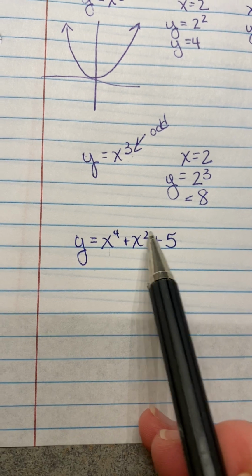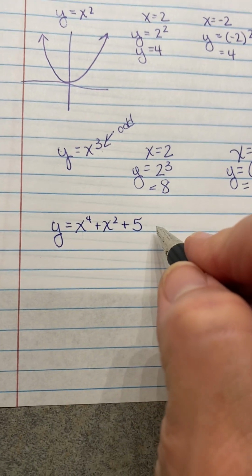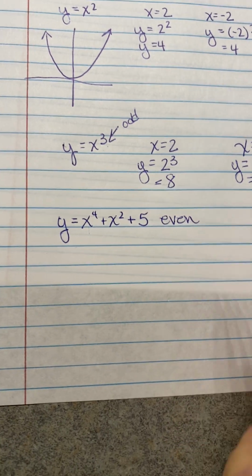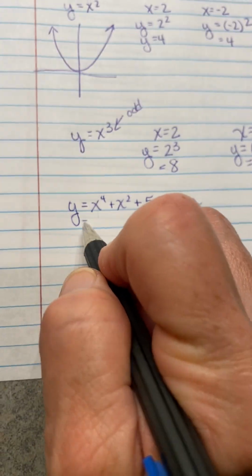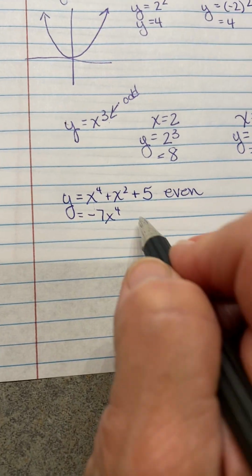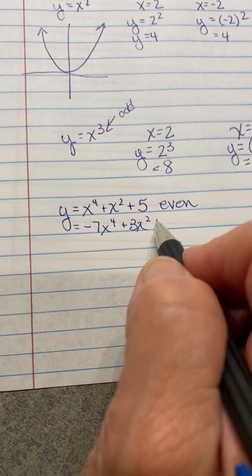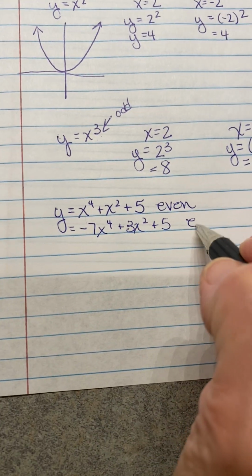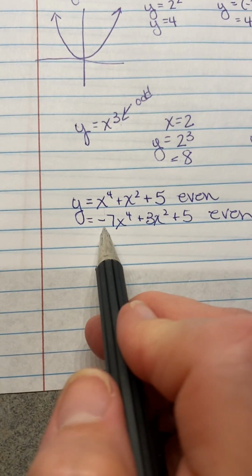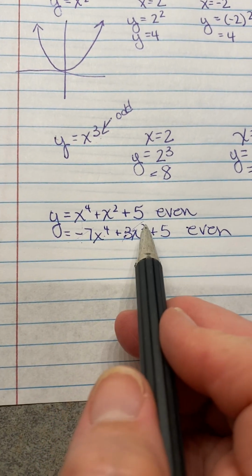Degree 2, even. Degree 0, even. So this would be an even function. It doesn't matter what the coefficient is. It could be negative 7x to the 4th plus 3x squared plus 5. This is still an even function. We don't care about the coefficients.